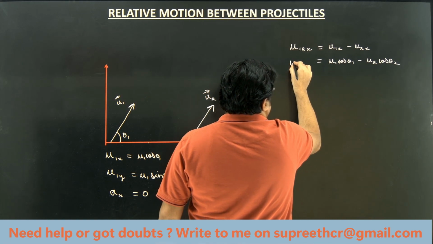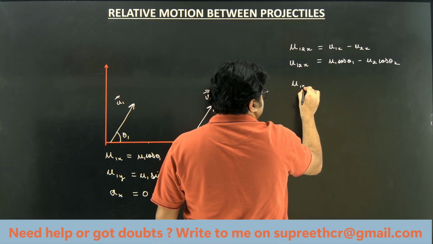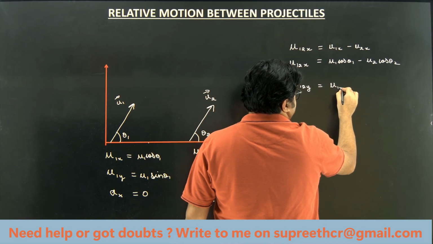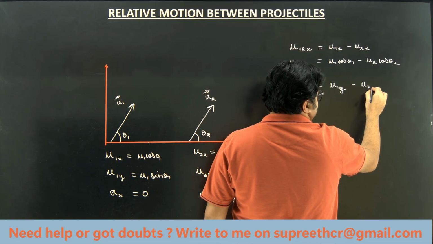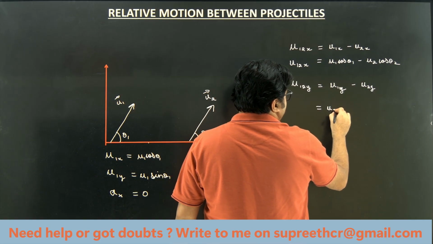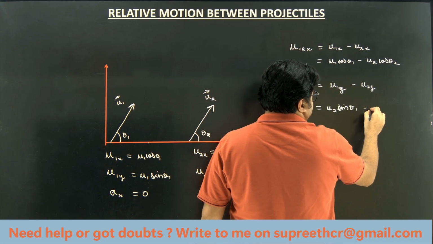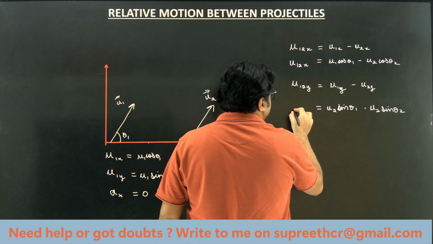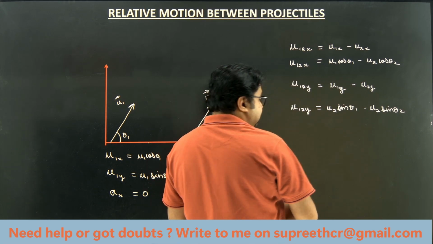And similarly, the initial velocity of the first projectile as seen by the second projectile along the y-axis is the initial velocity along y for the first projectile minus that of the second, so certainly this is going to be u1 sin theta1 minus u2 sin theta2.